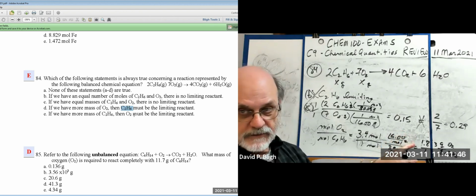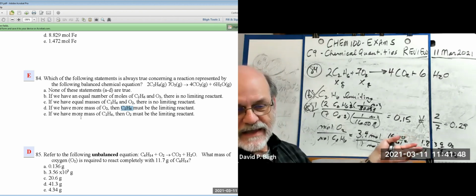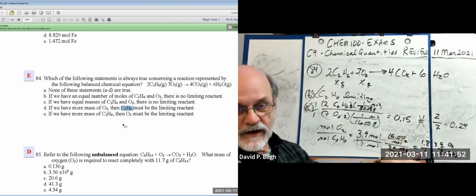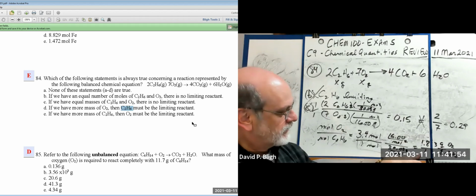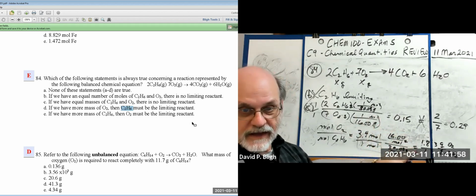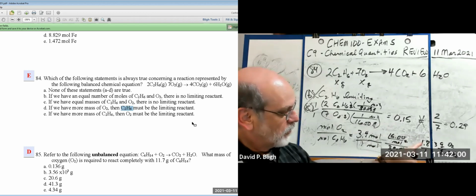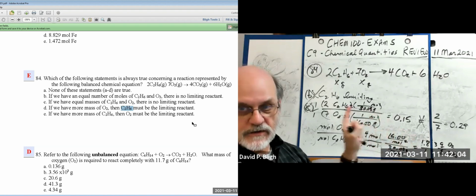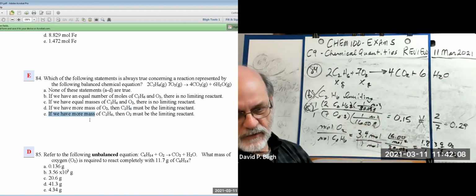So we can't say that either. How about E? If we have more mass of C2H6, then O2 must be the limiting reactant. Right. Now you are exceeding the amount of 1.8 to 1. In that case, oxygen does become limiting. So E is the best answer for this one.